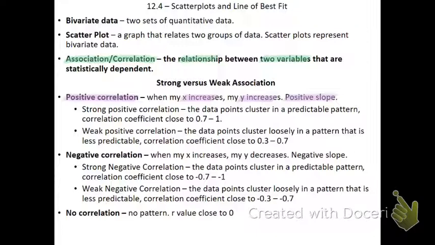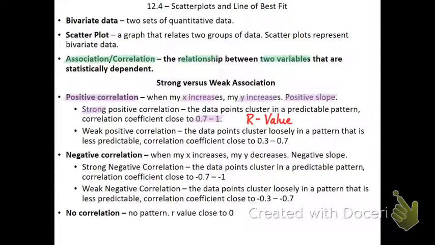The two different types of positive correlations you have is you have a strong positive correlation, which your correlation coefficient is going to be somewhere around 0.7. The closer to 1, the stronger the correlation is. Correlation coefficient is the same thing as your R value, which we can find on our graphing calculator.